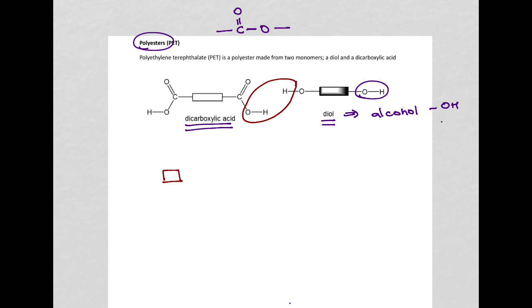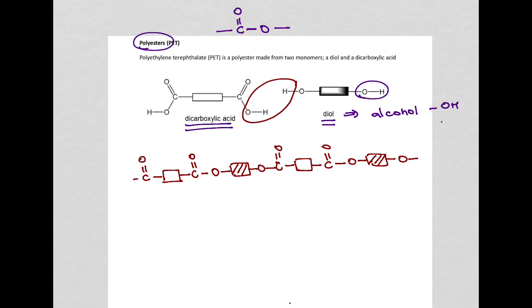So it's just the boxes linked by the ester linkage. So you can go on like this. So here I have the dicarboxylic acid, and here I have the diol. Here dicarboxylic acid, and here you have the diol. So again, I have the format ABAB.